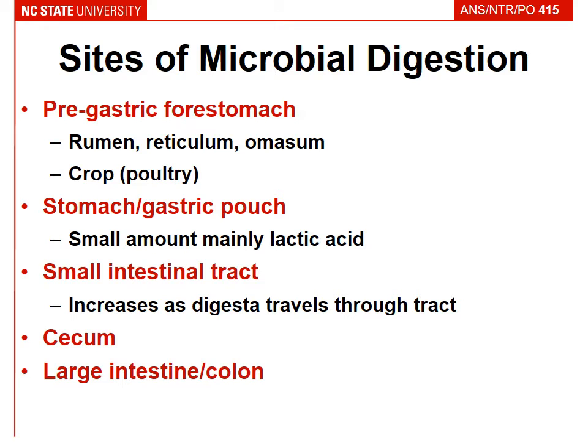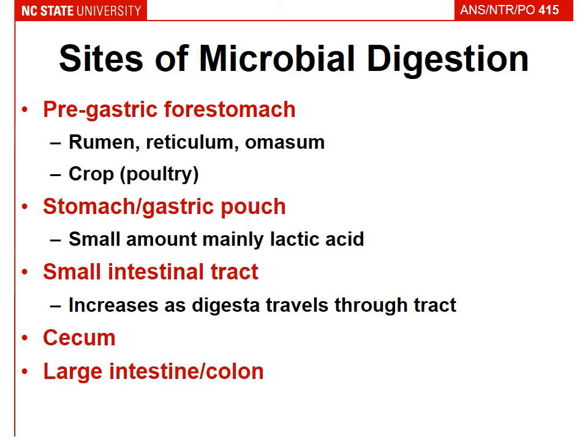We also have the crop in the poultry, which is the pouch of the esophagus, and there are a couple of poultry or avian species that actually utilize pregastric fermentation. Most notably is the Hoatzin, which is found in South America.